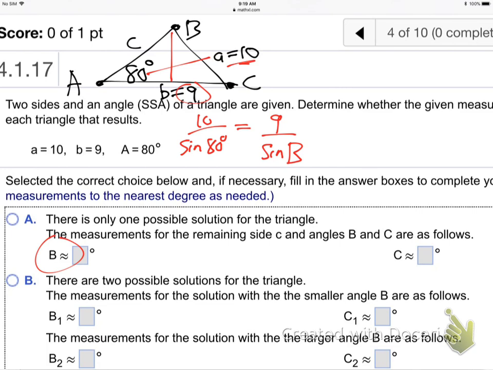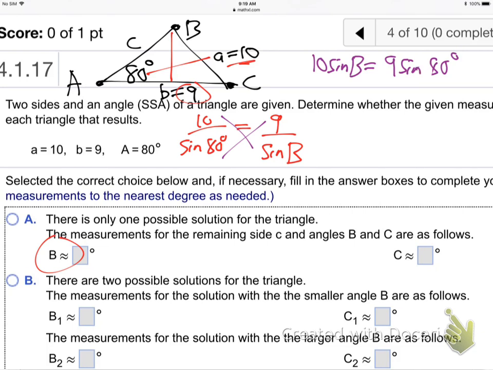Okay, so let's do that. Diagonal, diagonal. So we get 10 sine B is 9 sine 80. Good so far? Just diagonal, diagonal. All is good.